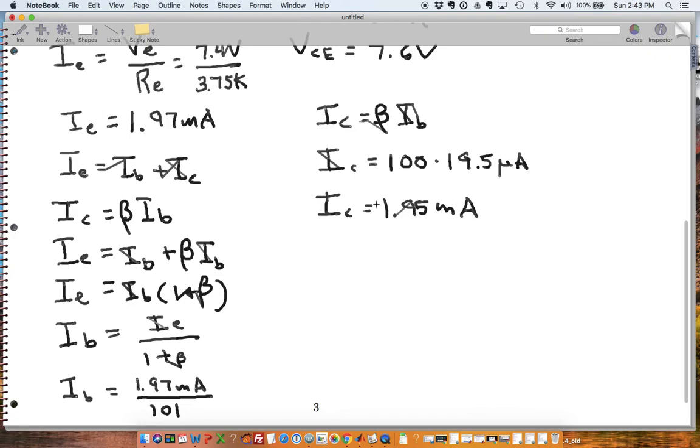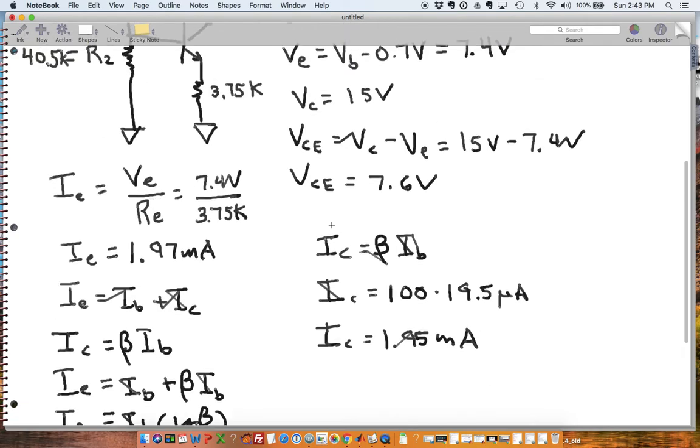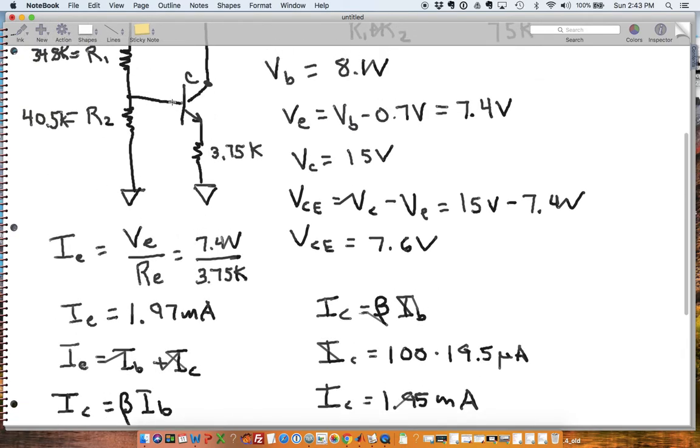That's a really good thing to remember, that your IC and your IE should be really similar. So 1.97, IE should always be a little bigger than my IC. Remember that in the transistor, I have current going from the base through the emitter, and I have current going from the collector through the emitter. So I need to add those together. It makes sense that my IC and my IE are similar because IB is so small.